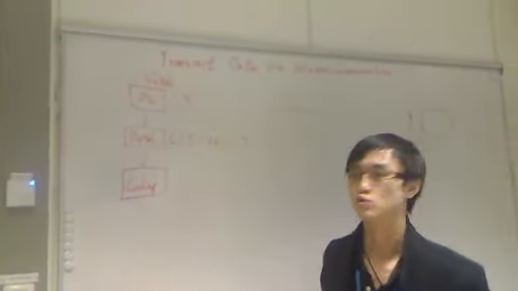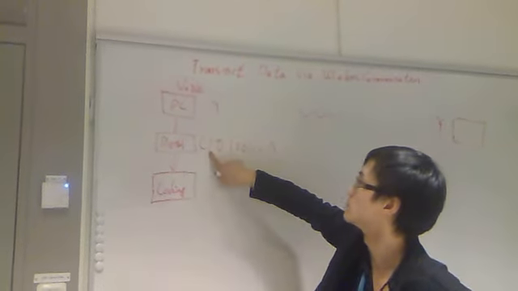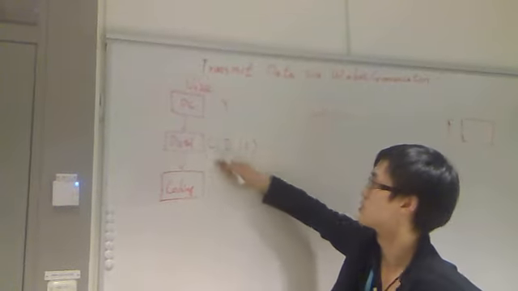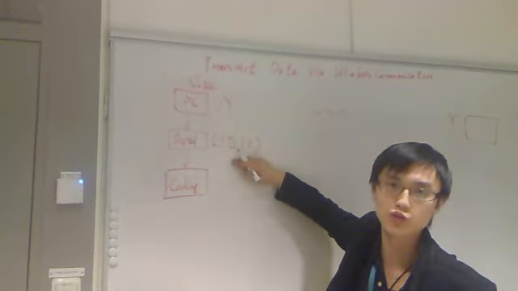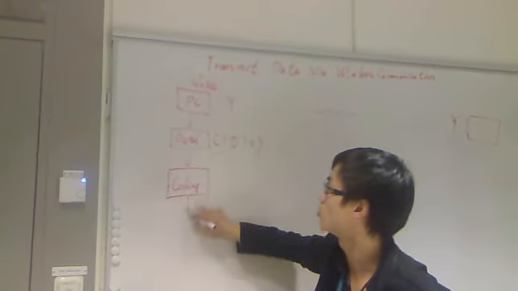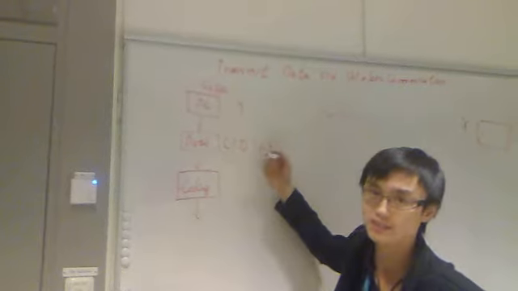Coding is just to increase the redundancy of the source code. If we call 1010 the source bits, this contains all the information we should have for the voice. After coding, we want this to be more robust, so we give more redundancy.